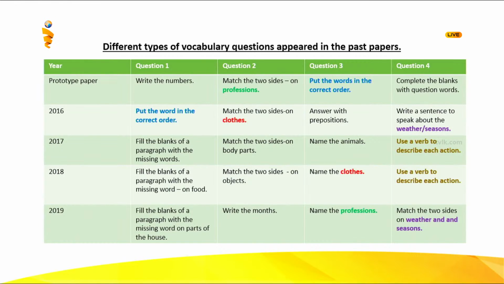For example, in 2016 and 2018 O-level papers, one of the questions was based on clothes. In 2017 and 18, the 4th question was to use a verb to describe each action. Likewise, you may notice that there is a possibility for the same vocabulary question to appear again.